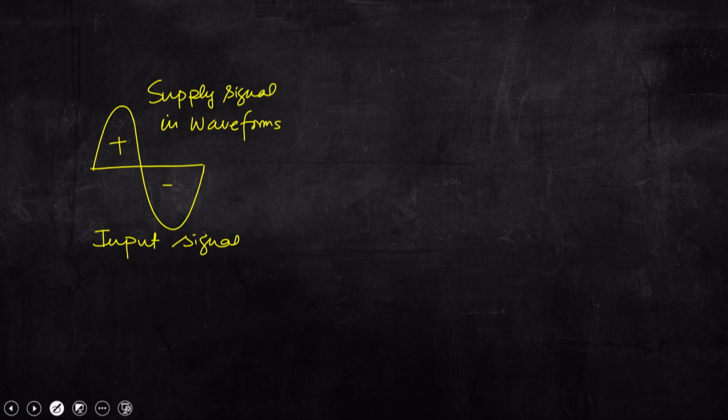And if we use a circuit, in this circuit we will have a power source. In this circuit we have an alternating source of voltage. That is what we can see from the schematic, that this input signal has positive and negative halves.